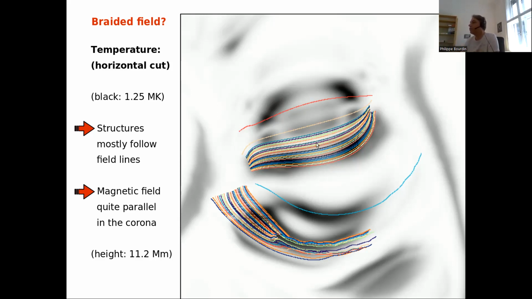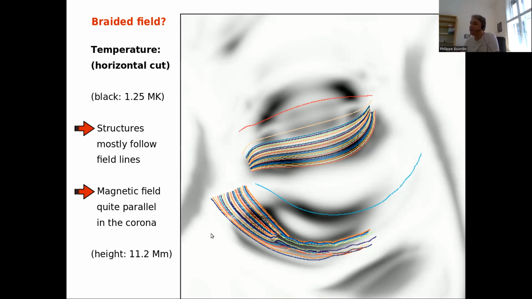Since you have a diffusion equation, it will act on any derivative, no matter how small it is, and it will convert magnetic energy to heat. In particular, along this loop, we see the field is indeed not totally braided in the corona, right? So that model view needs to be revised a little bit.